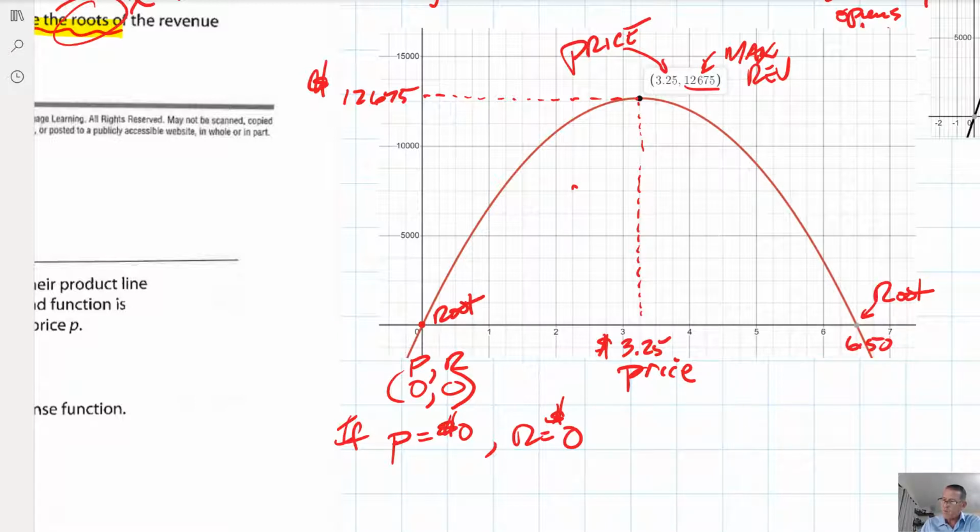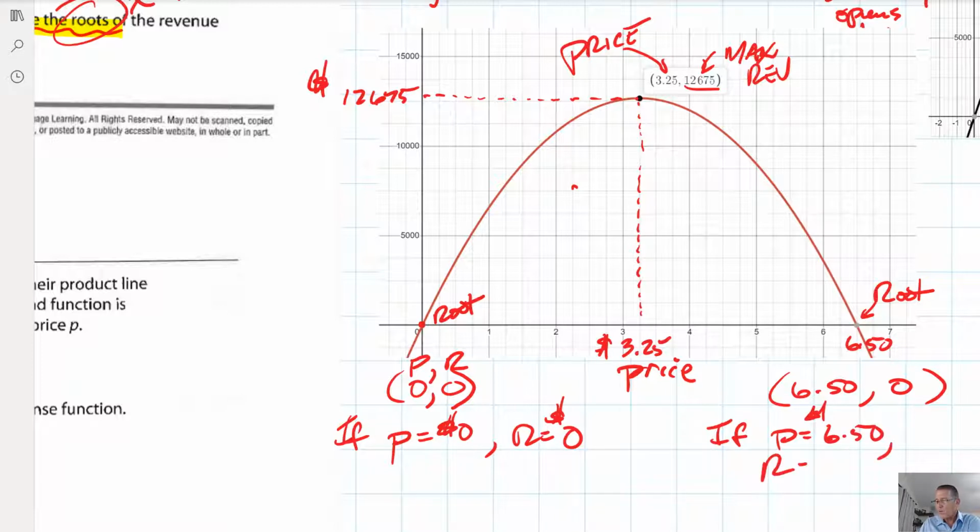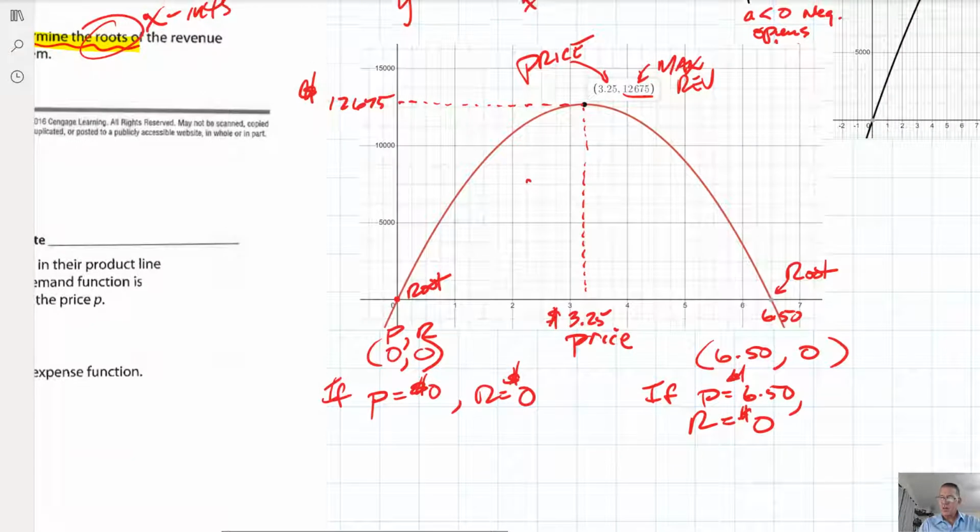If the price is set at $6.50, revenue will be 0. They won't make any money, guys. No money will be coming in. That's the context of the problem. If you set it too low or too high, you're not going to have any revenue. That's the point of the discussion.